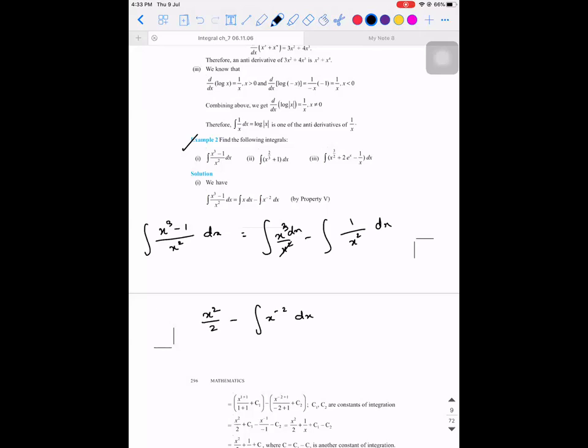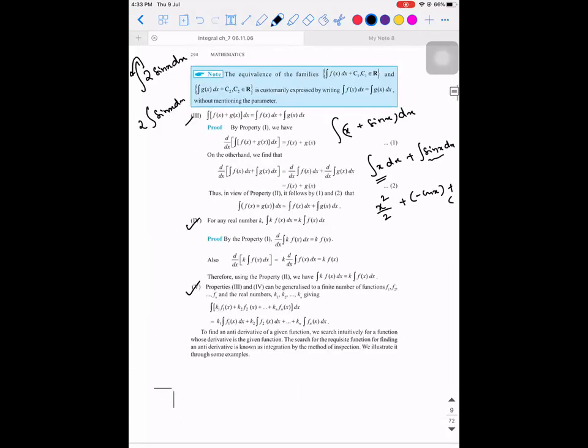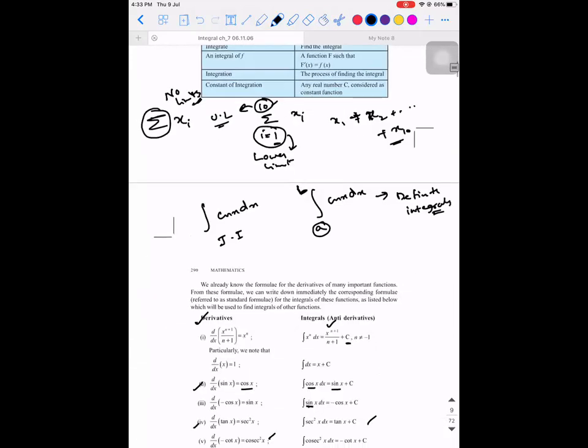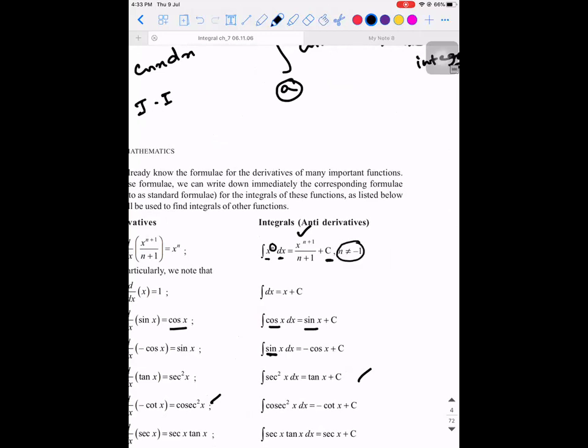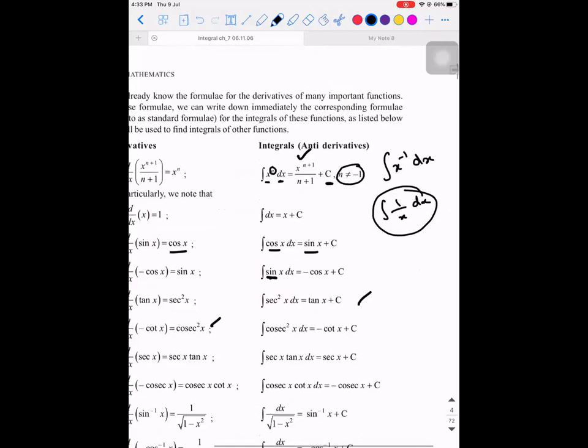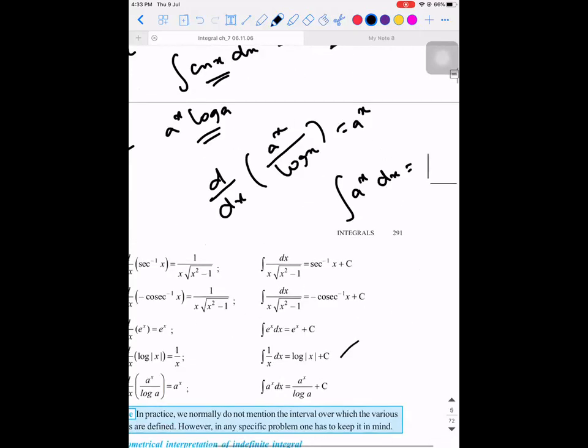One important point I want you all to make a note of: when you do the integral of x power n dx, n can be positive or negative. It can be a fraction, but the only value it can't take is minus 1. Because if it is minus 1, it becomes x power minus 1 dx, which is nothing but 1 by x dx. The integral of 1 by x is log of mod x plus c.